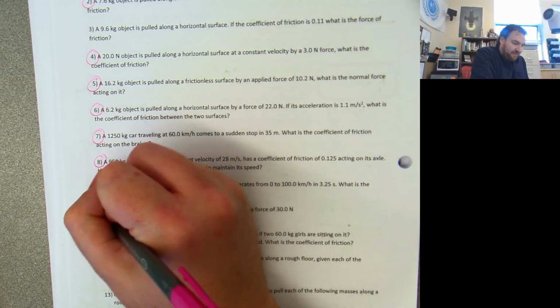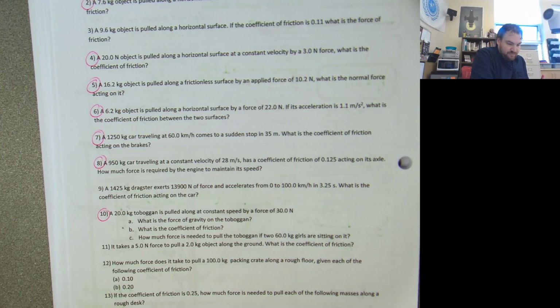We'll do 10. Takes that much to do that. What's the coefficient of friction? I want you to do that one. Yeah, we'll do 11 too.